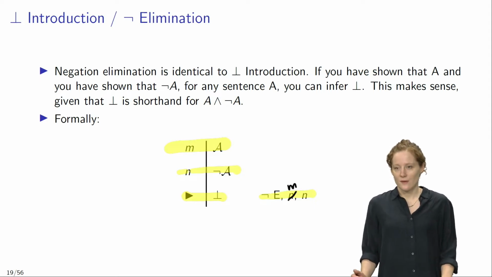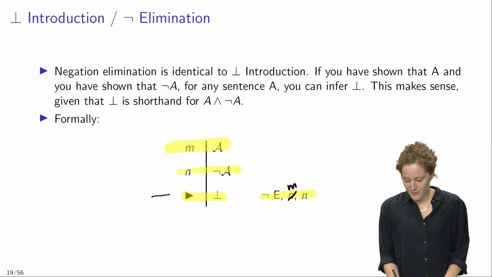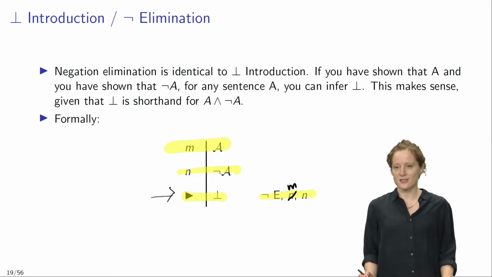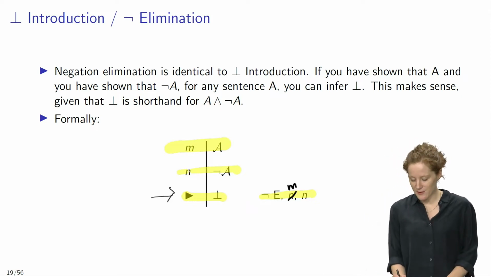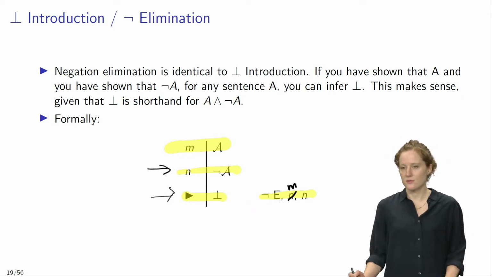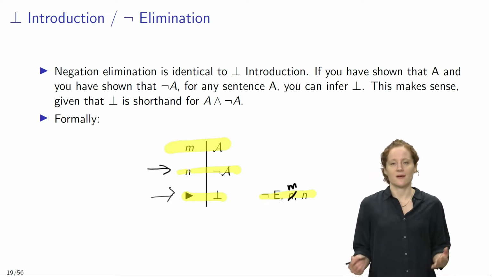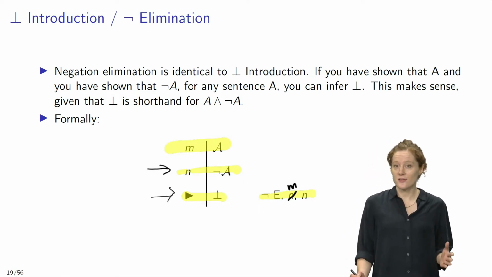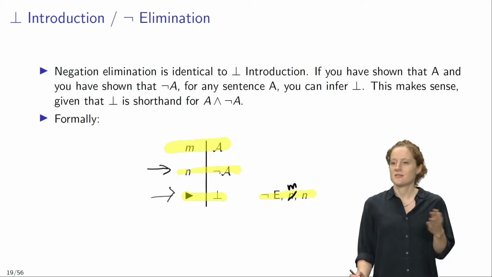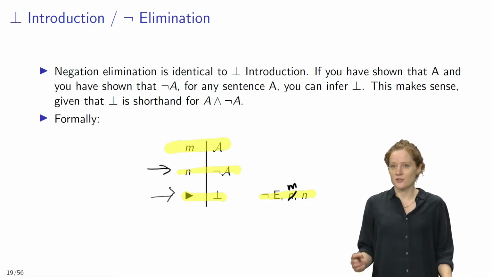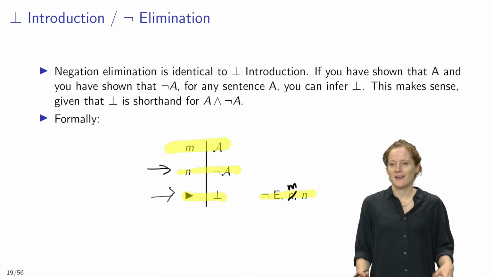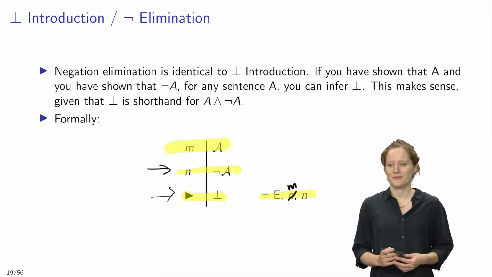So we can introduce bottom and justify this inference by means of bottom introduction just in case we can infer something from a sentence whose main connective is the negation operator. So in this particular case, the introduction rule for the bottom sign simply coincides with the elimination rule for the negation sign, and that's why this rule has two names.